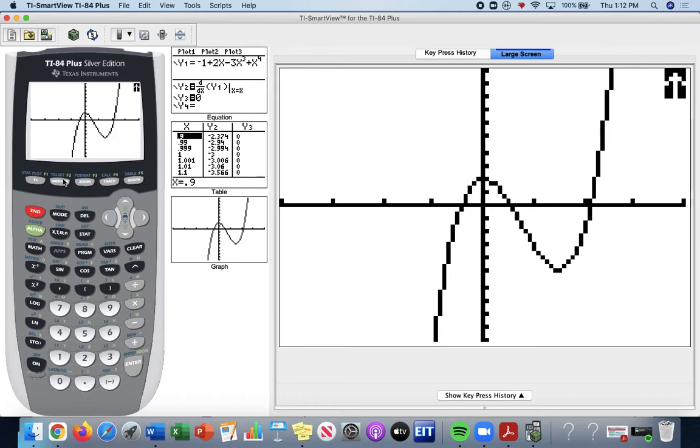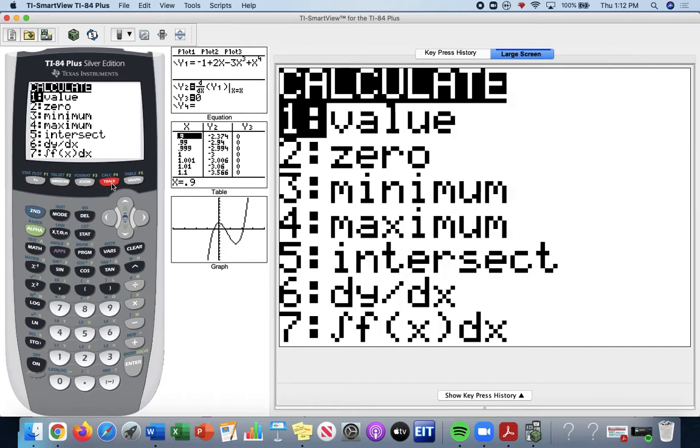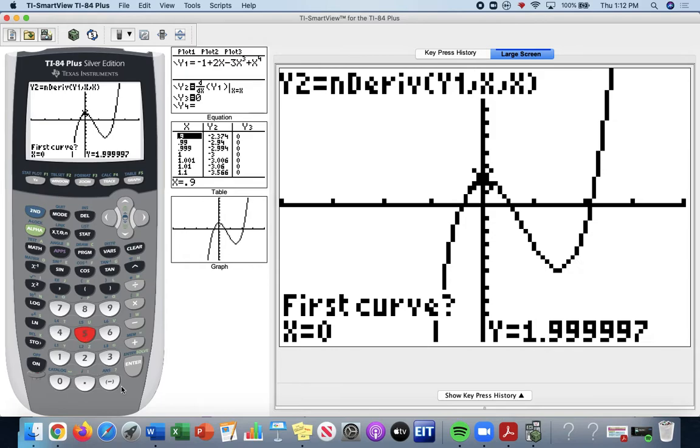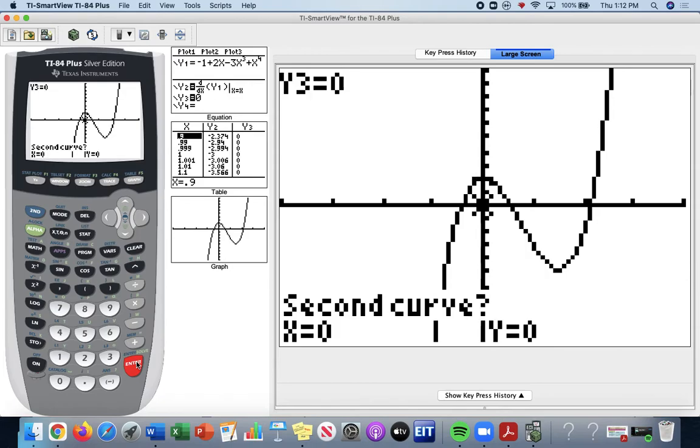If you remember, we can do intersection using second trace, which is number 5. It's going to ask you a couple of questions. If you only have 2 equations graphed here, it'll automatically jump to the first curve, so you don't need to do anything. Just press enter, and then it will automatically jump to the second equation, which is y equals 0, so all you need to do is press enter.